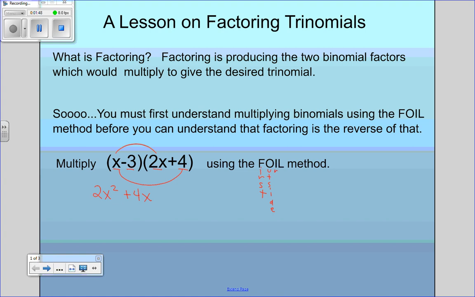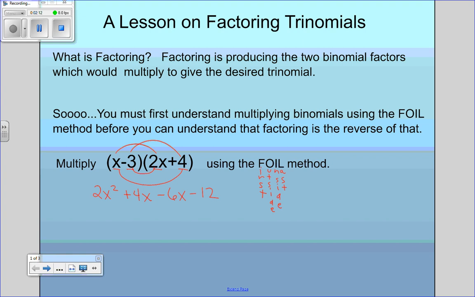I stands for the inside terms. So we're going to multiply these two inside terms. Minus 3 times plus 2x is going to be a what? Minus 6x. There you go. And L stands for last times last. So we're going to multiply negative 3 times a positive 4 and get a negative 12.